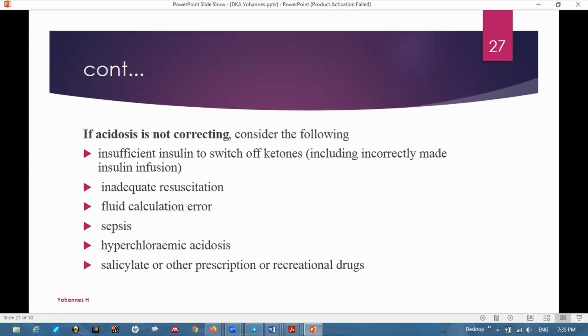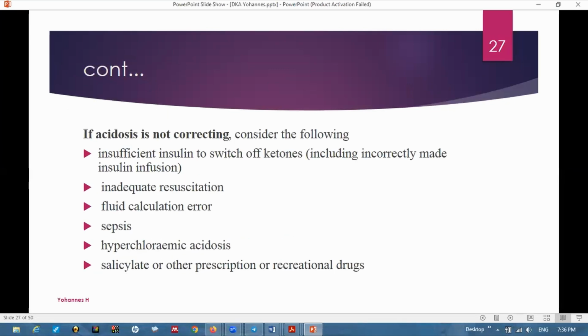After 6 hours of management of DKA, the fluid recommended is 0.45% normal saline. If you use 0.9% normal saline, it may cause hyperchloremic acidosis. But most of the time, hyperchloremic acidosis will resolve spontaneously, so there is no need to manage it. Medications like salicylate and other recreational drugs can be the cause of unresolved acidosis, so we should look for those things.